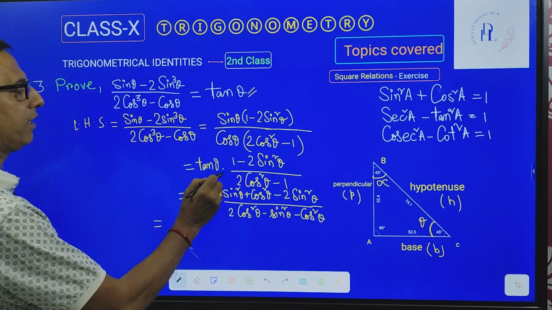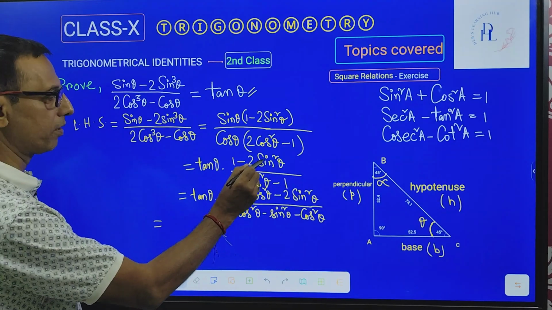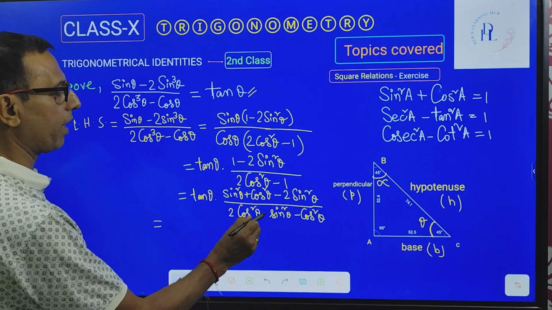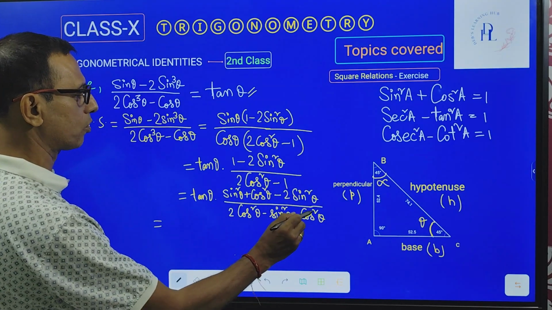If you write 1 equals sin square theta plus cos square theta, the numerator is sin square theta plus cos square theta minus 2 sin square theta, and the denominator is 2 cos square theta minus of sin square theta plus cos square theta, that means minus sin square theta minus cos square theta.